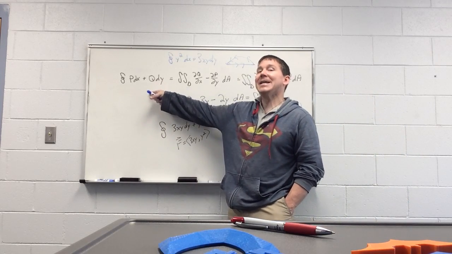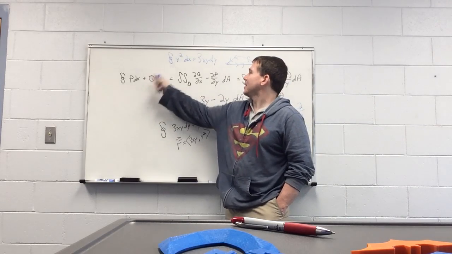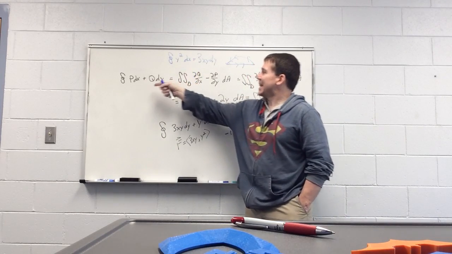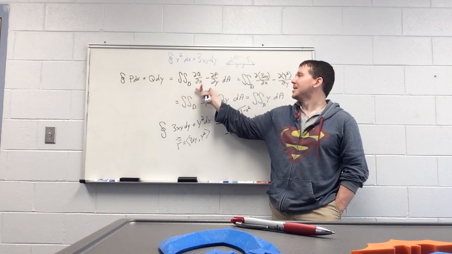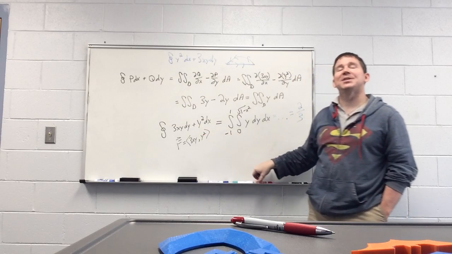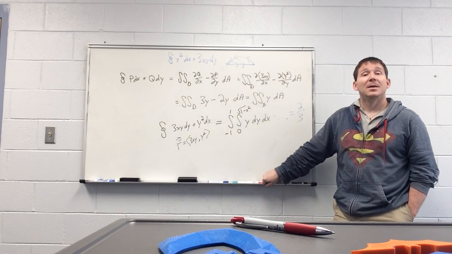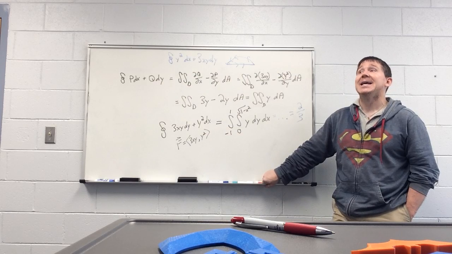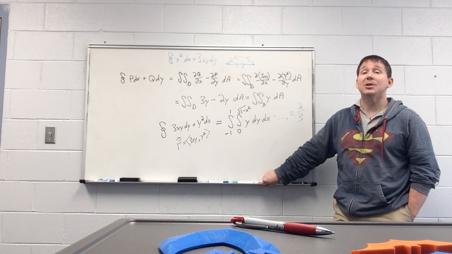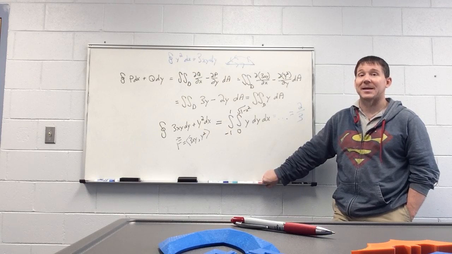You'll notice I'm writing the formula out every time. Okay, there's my P, there's my Q. This one results in this form of Green's, the double integral. Now I plug in, then the rest is just the integration that I know. As long as you do that, it should be fine. And generally speaking, this is how you're going to use Green's from a problem-solving perspective.